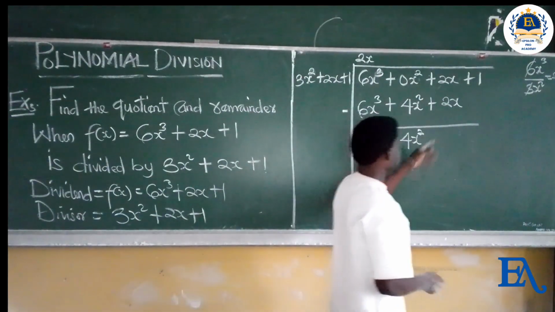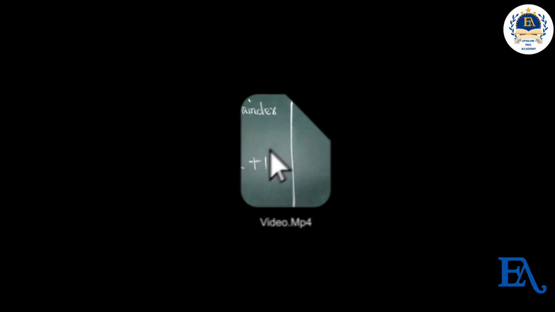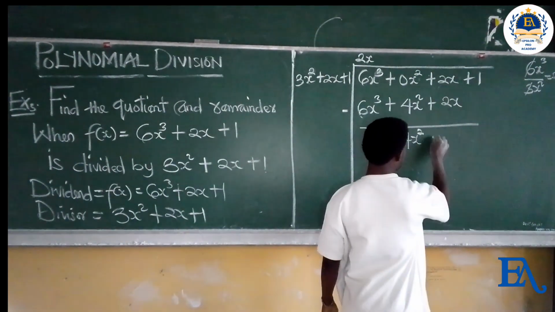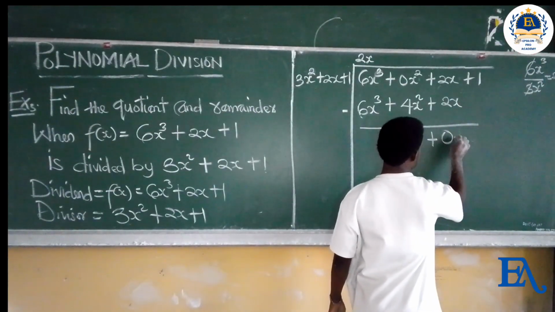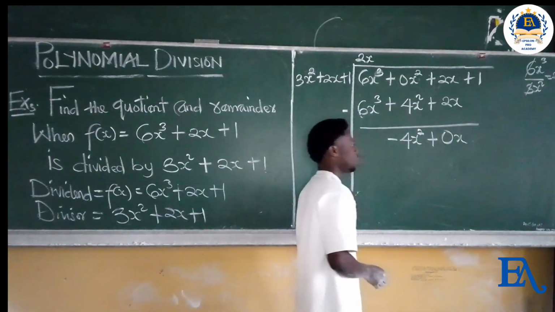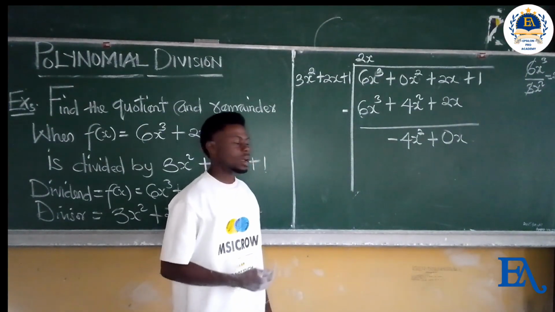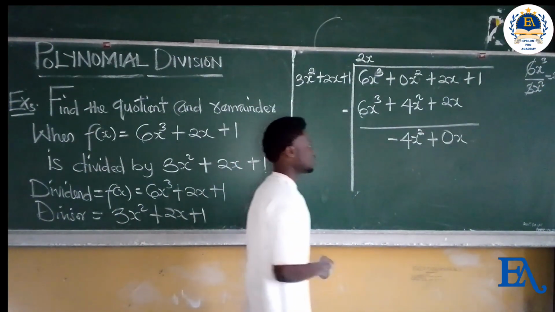Again, 2x minus 2x gives 0. Now, after this subtraction, what is required is to add the next term to it.